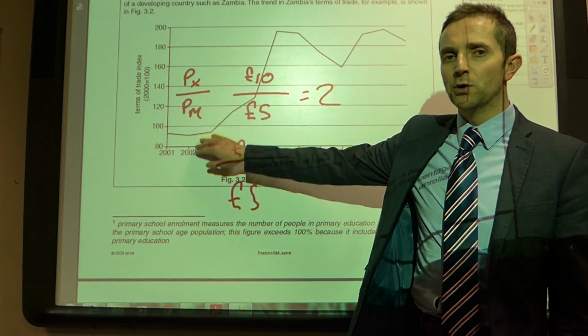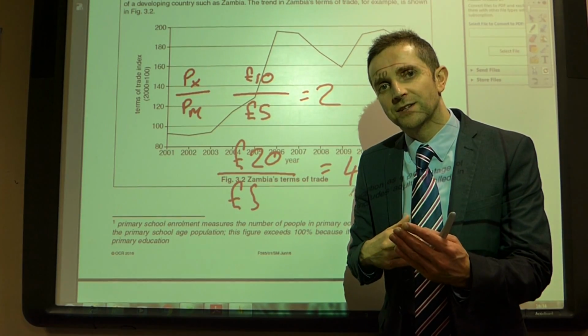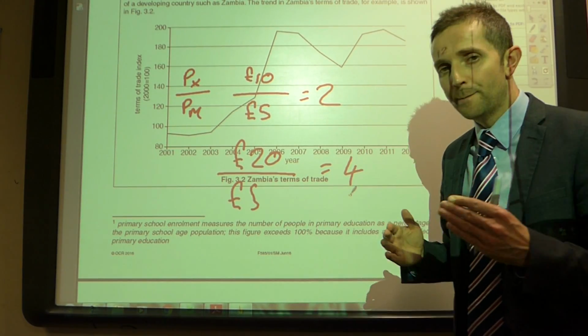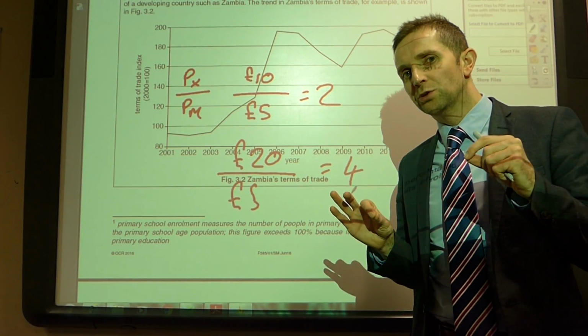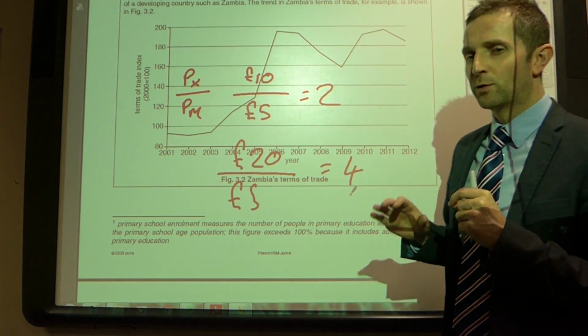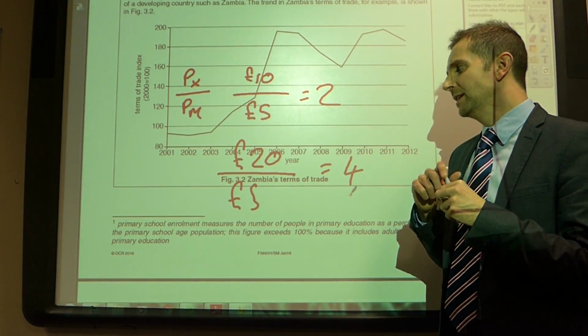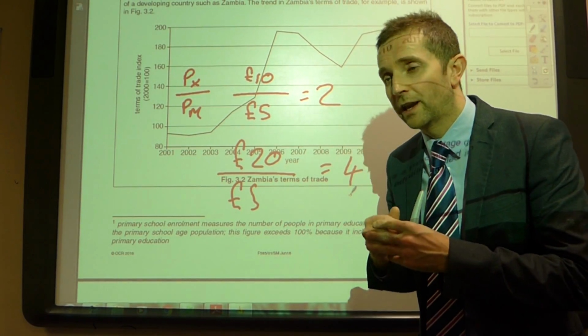And so this movement from here to here, we would refer to this as an improvement in the terms of trade because the country, Zambia, can bring in more imports for each unit of export. And that, of course, is good for a country like Zambia, which is a developing nation. It needs the capital goods in order to develop.